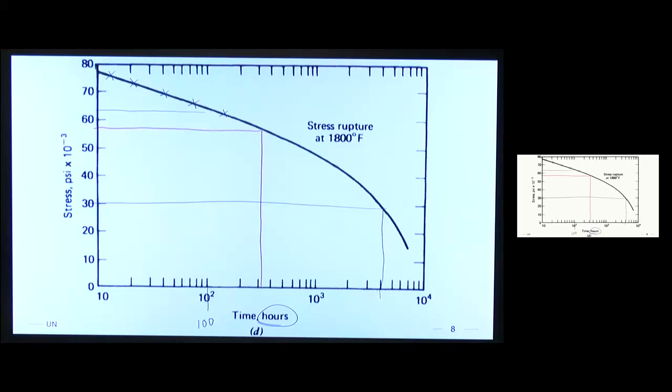We're going to do a lot of sort of chart time today. And so for that, I got 57 KSI for 120 hours, kind of here. Oh, that's right where I drew my other line.